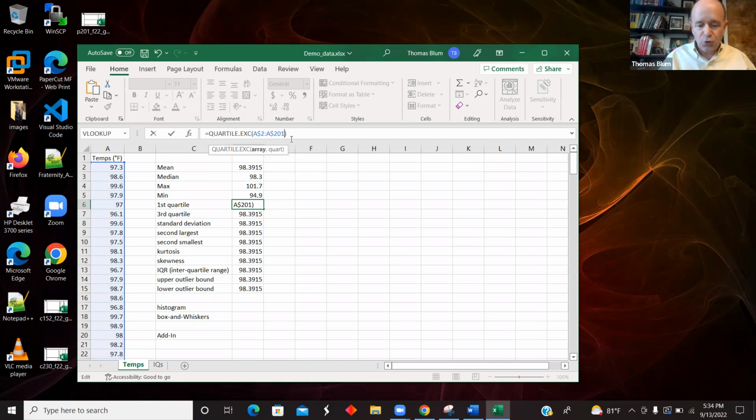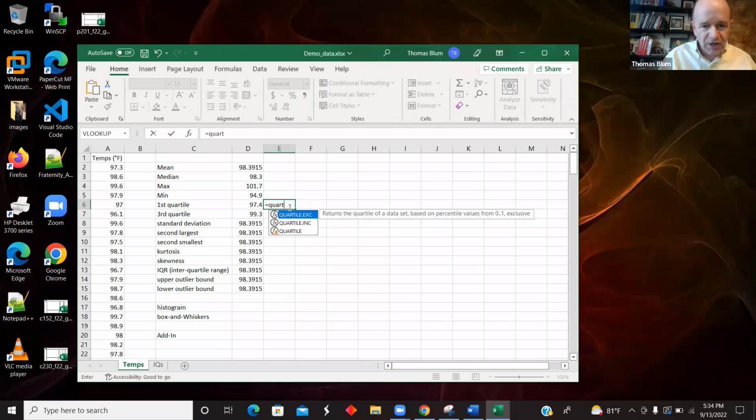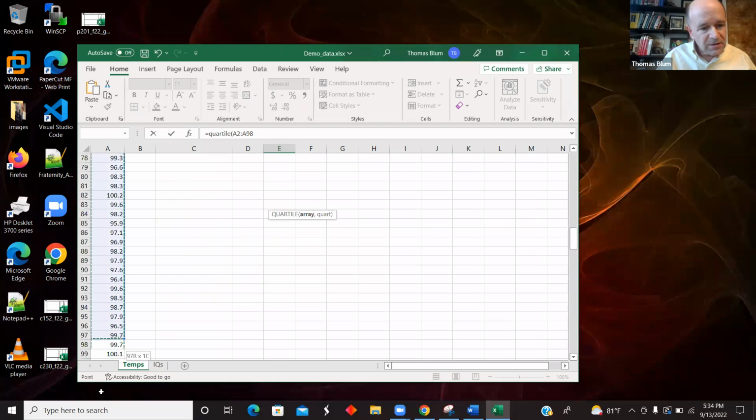And then you have to say which quartile you want. So I want the first. Okay. And then I will copy that down here and get the third. And now let's just do quartile, the old one, and go through the whole business.